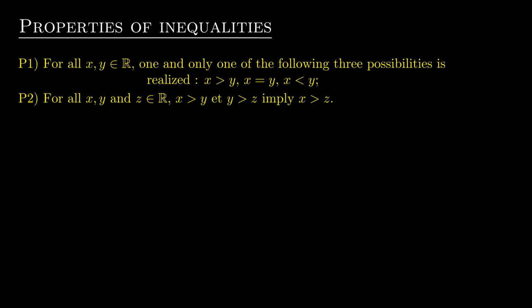For the second one, for all x, y, and z in the real numbers, x greater than y and y greater than z implies x greater than z. This is the key of the video, and it's really a powerful theorem. If you understand this theorem, then you have understood everything that I want to teach in this video.